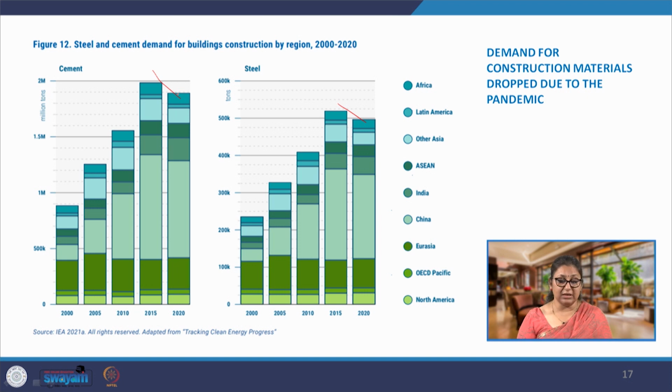But overall, if we see the consumption of materials like steel and cement and also glass and other materials, it is significantly increasing across the world. There is no region in the world where this demand is coming down. But this is something that we also have to see when we are suggesting materials based upon the technology.